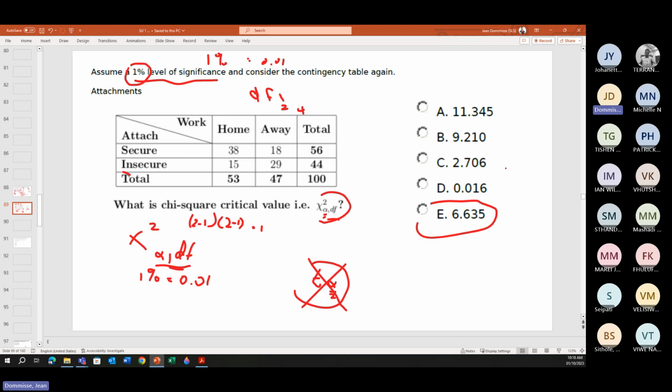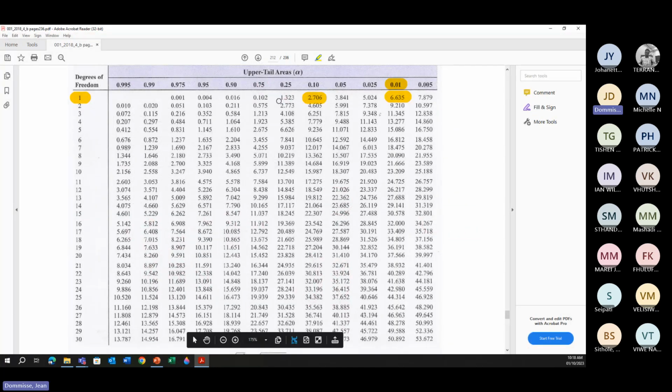So just be careful. And I know sometimes in the exam you look at the answers first. That's what I always did. And then you see, it was 1%, 1%, 127. Yes, that's the answer.